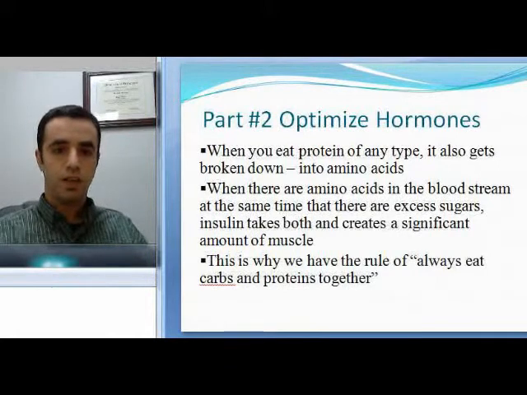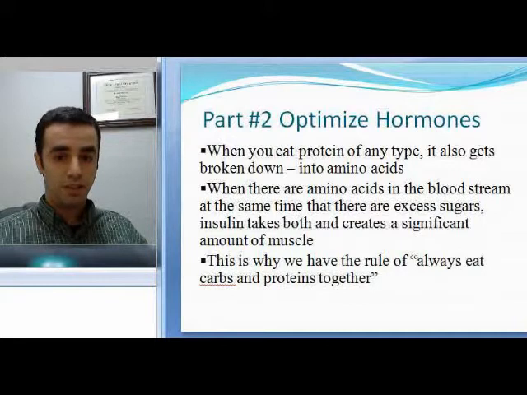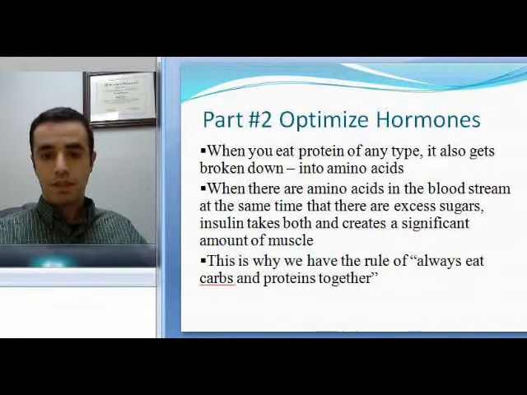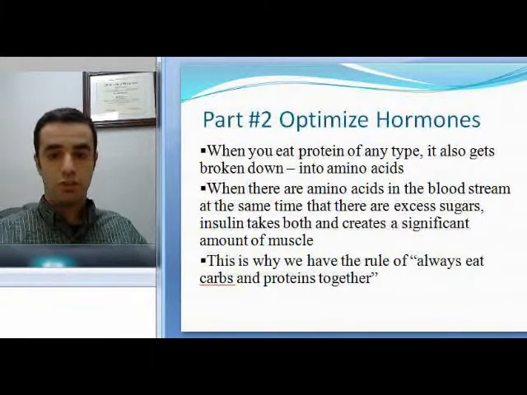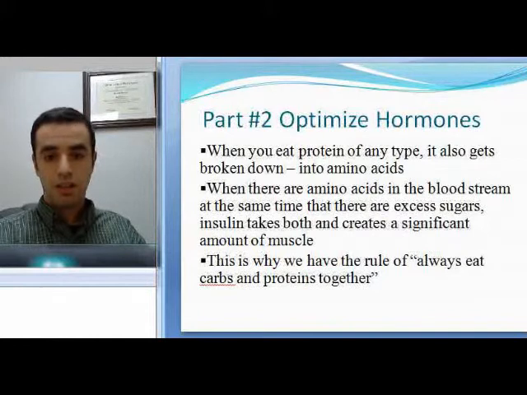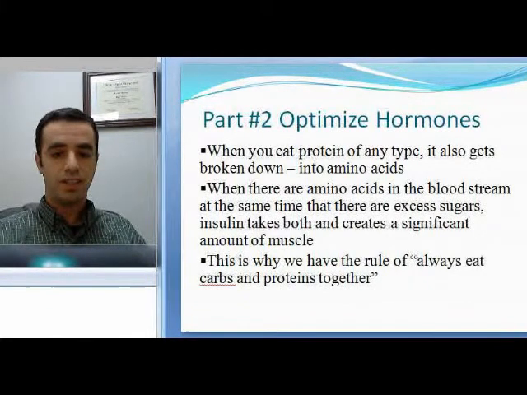So when there are amino acids in the bloodstream, meaning you just ate protein, at the same time that there are excess sugars, meaning that you just had carbs, then insulin takes both of them and it creates a significant amount of muscle. And this is why we have the rule of always eat carbs and proteins together.